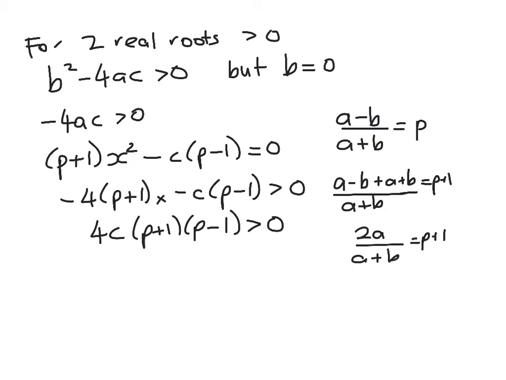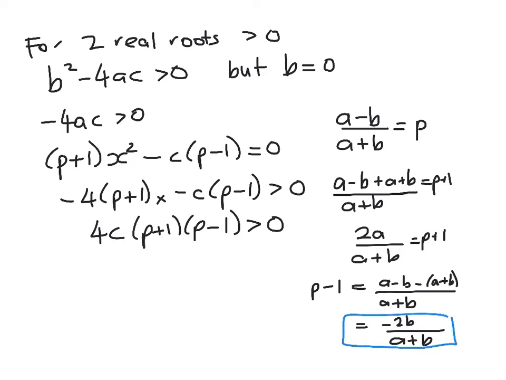Now, similarly, what do we get for p minus 1? Well, p minus 1 is going to be a minus b over a plus b minus a plus b over a plus b, and that gives me negative 2b over a plus b.